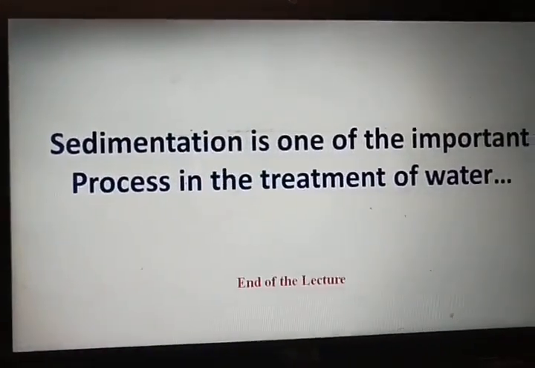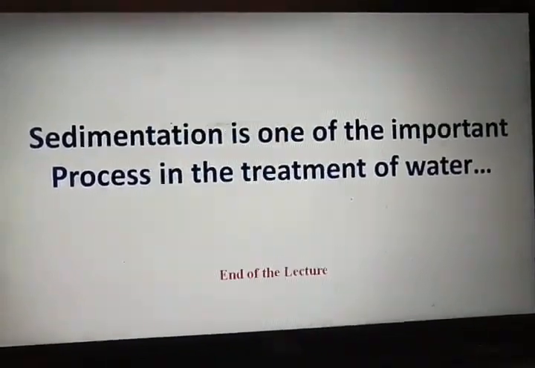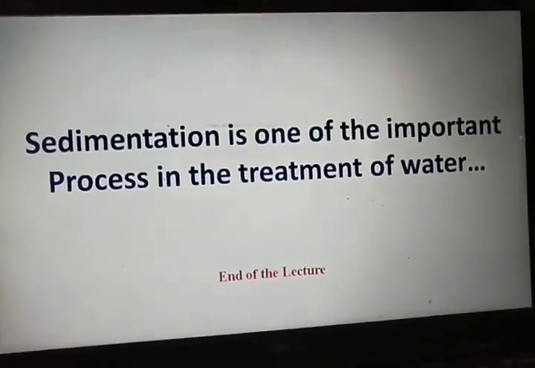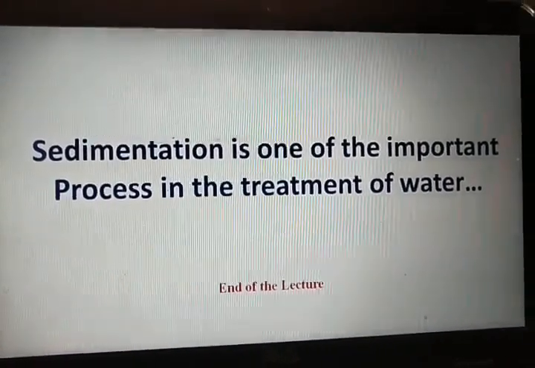Okay, and sedimentation is one of the important processes in the treatment of water, and not only water, also in the treatment of wastewater.